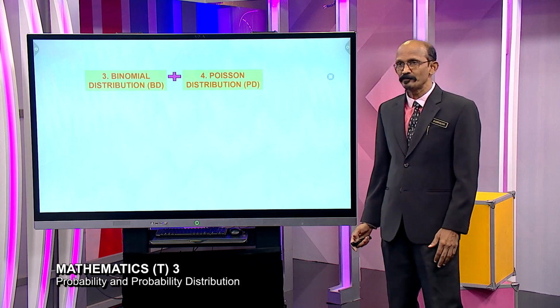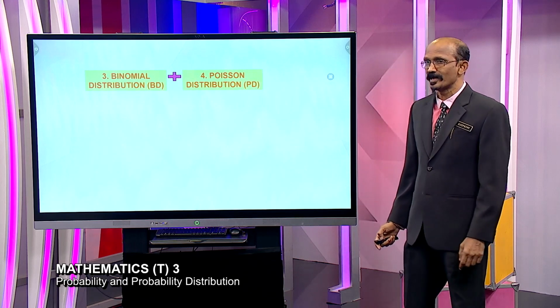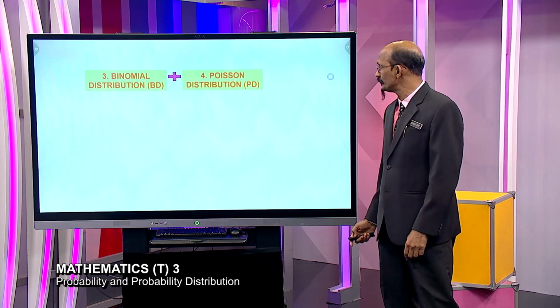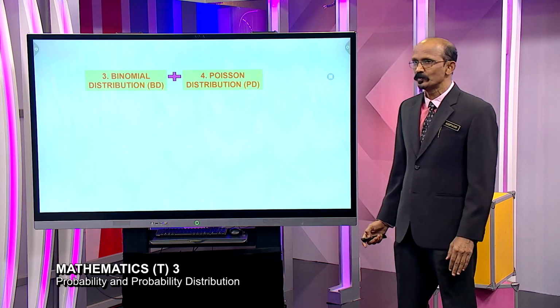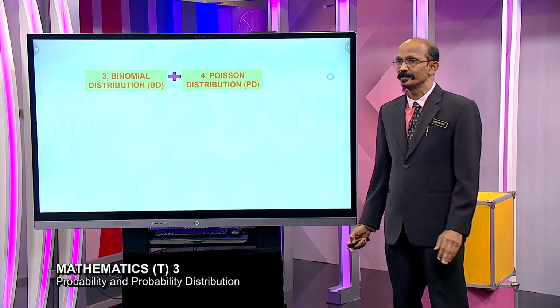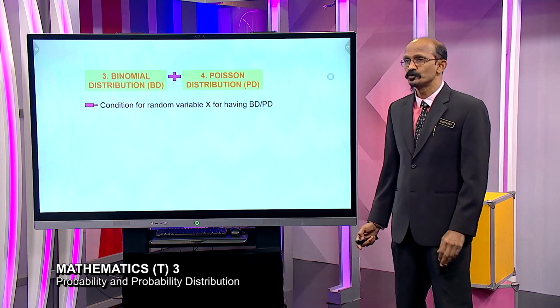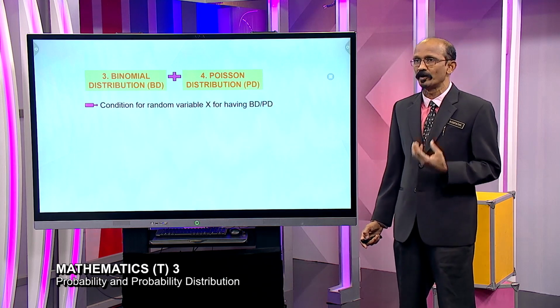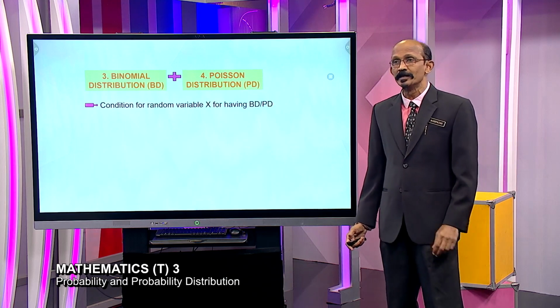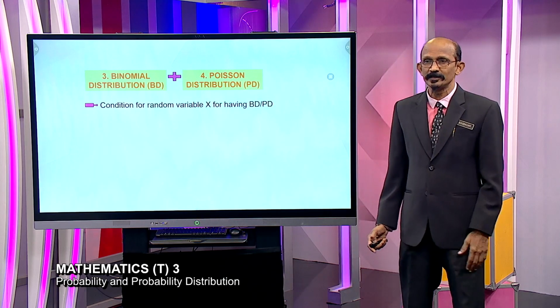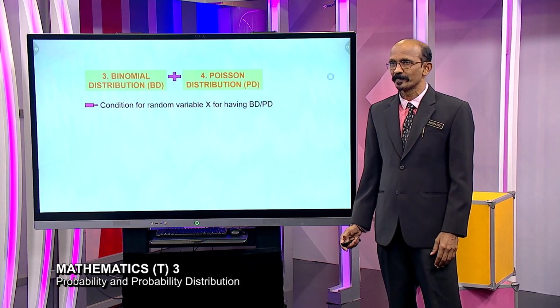Okay. Next one, we will study 2 types of distribution which come under DRV, binomial distribution and Poisson distribution. These 2 are considered slightly easier. So here you should be able to define the condition for a random variable x for having binomial distribution or Poisson distribution.